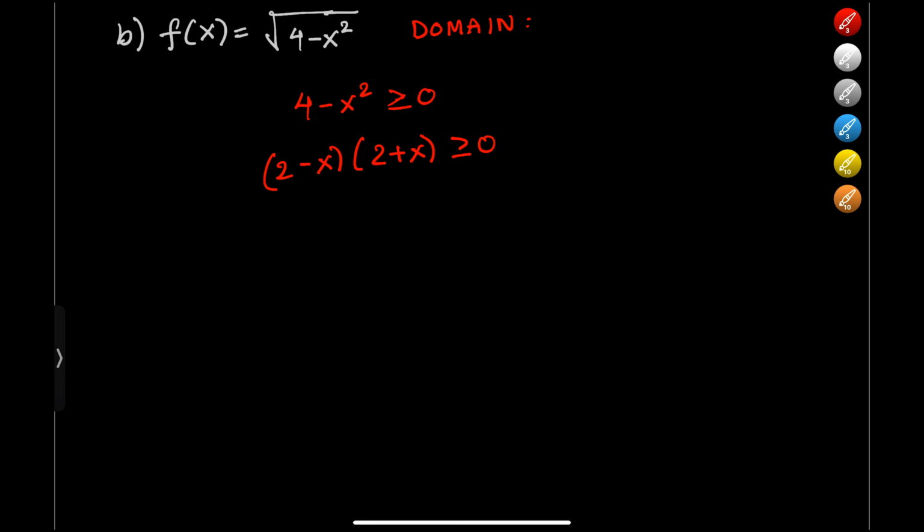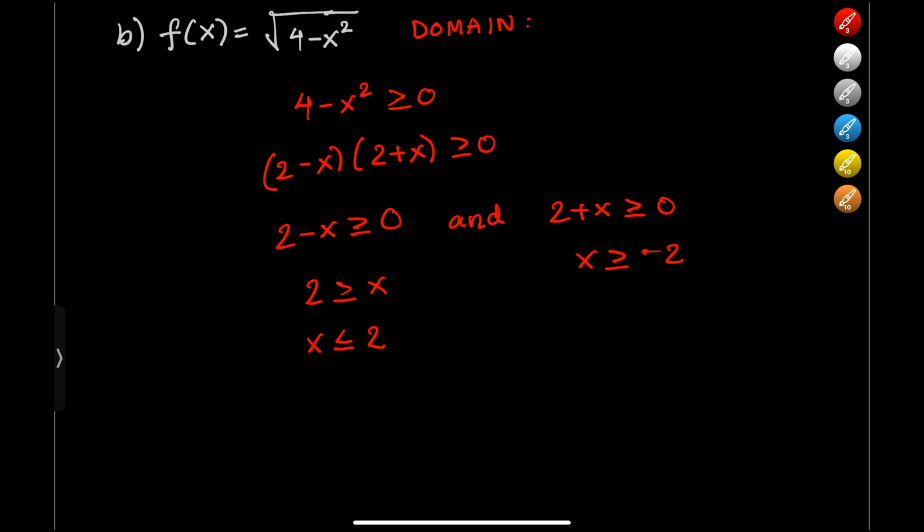And then we could separate them out. So 2 minus x is greater than or equal to 0, and 2 plus x is greater than or equal to 0. So this becomes 2 is greater than or equal to x, so x is less than or equal to 2, and then x is greater than or equal to negative 2.